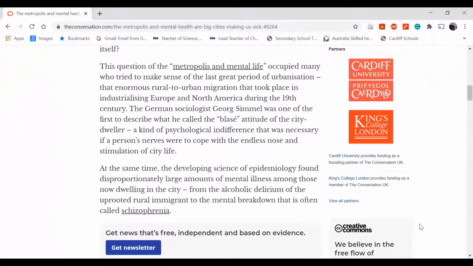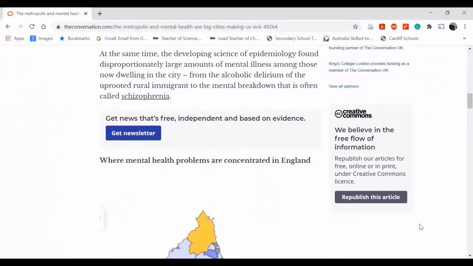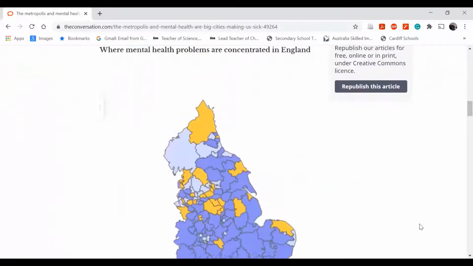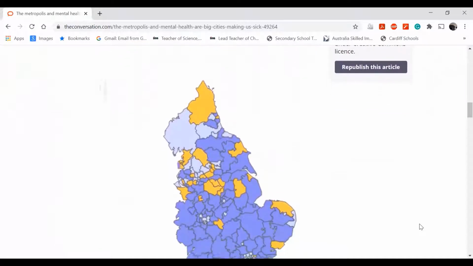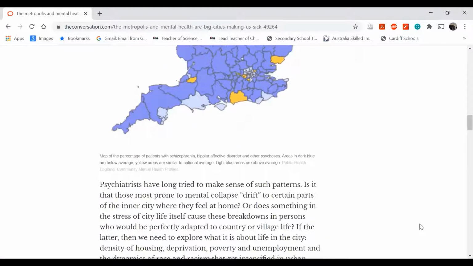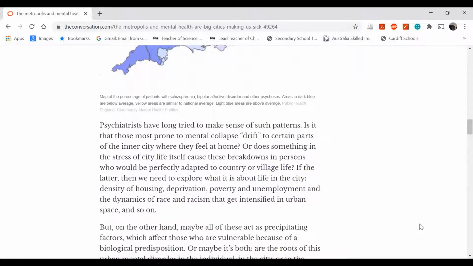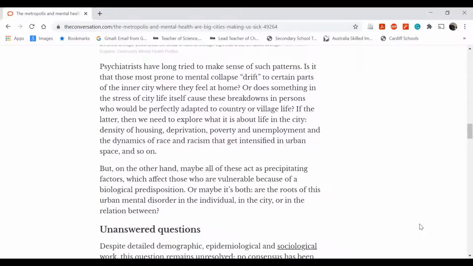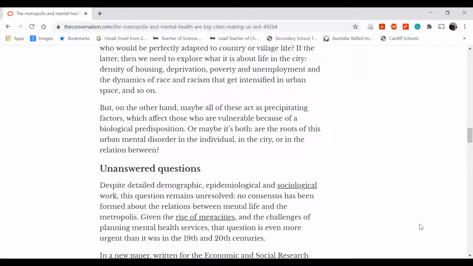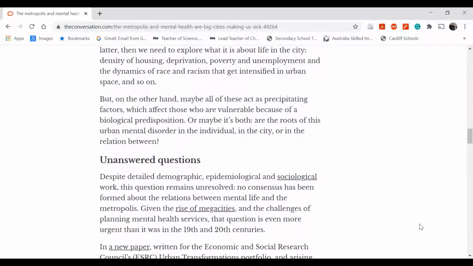They talk about England here, and where mental health problems are concentrated in England. But this is the work of psychiatrists, and they're trying to understand how living in the city compared to village life, with density, deprivation, poverty, unemployment, and all of these things, impacts our mental life.